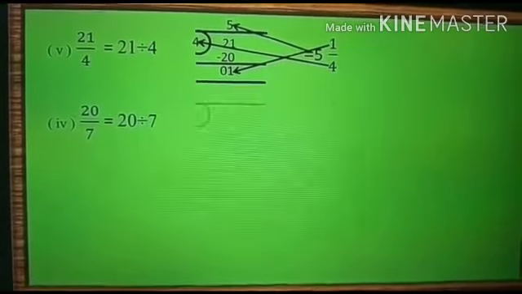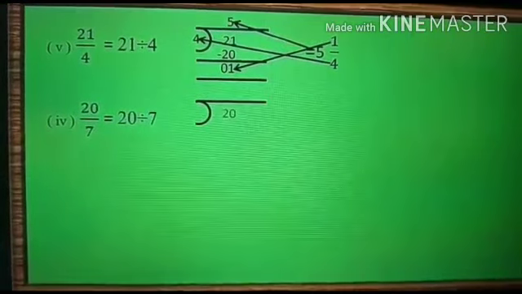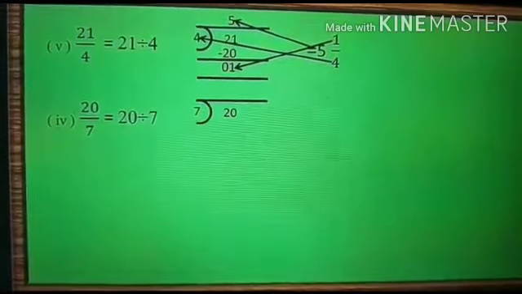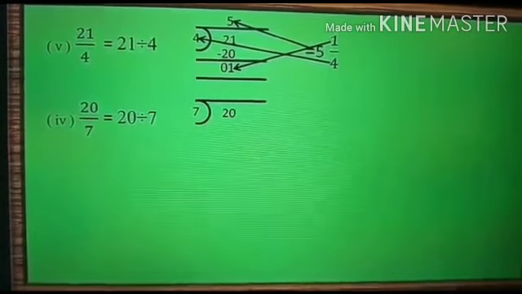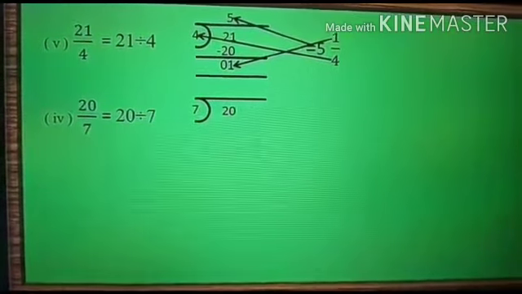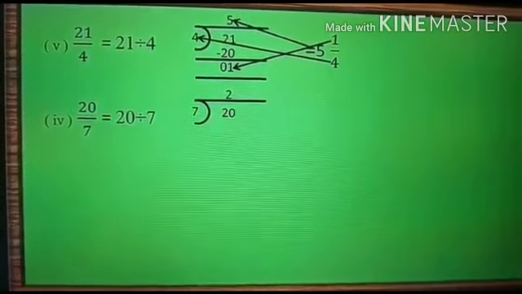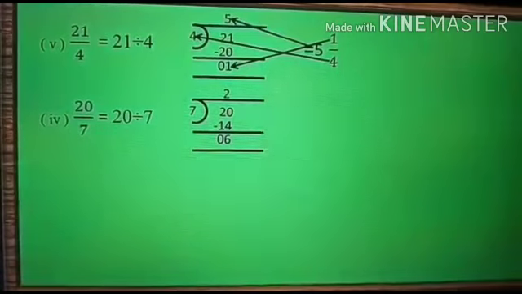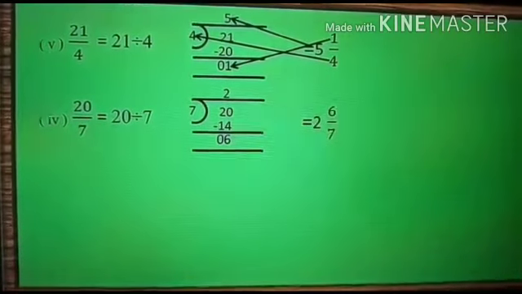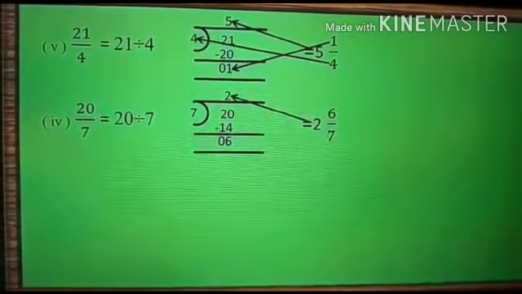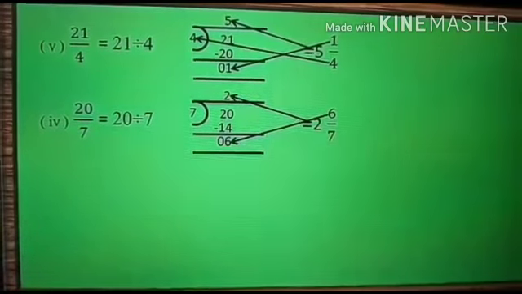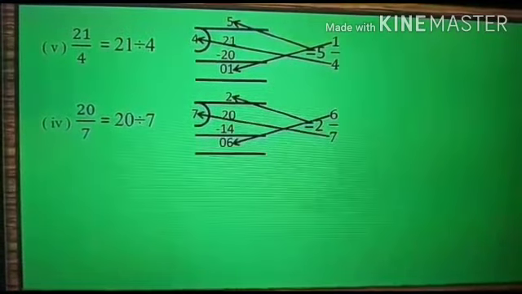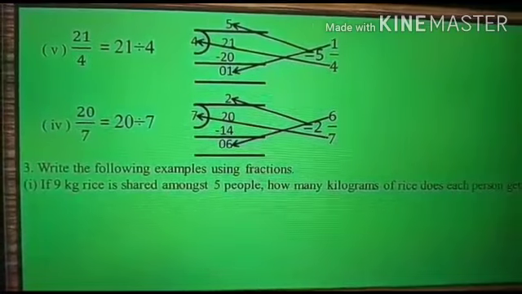Third example, 20 upon 7. We have to divide 20 by 7. 7 2s are 14. Remainder is 6. 2 is the quotient, so 2 is the whole number and 6 upon 7, where 6 is the numerator and 7 is the denominator.